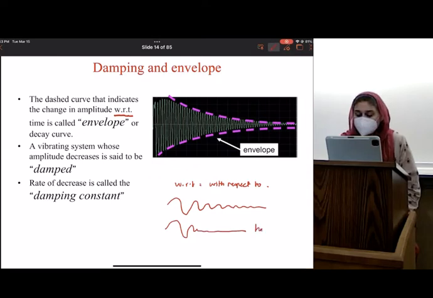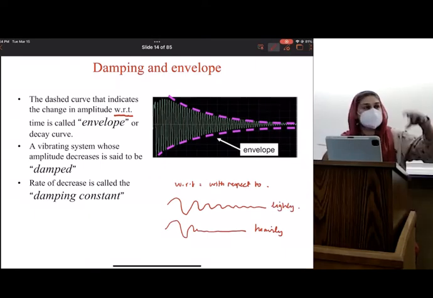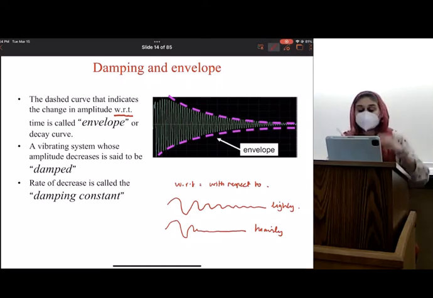This is a lightly damped, and this is a heavily damped system. So imagine the top one is like a simple pendulum going through air, whereas the bottom one is a simple pendulum going through water, right? Damps quickly.